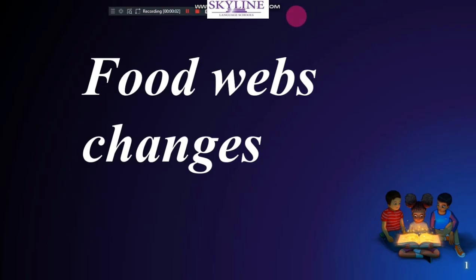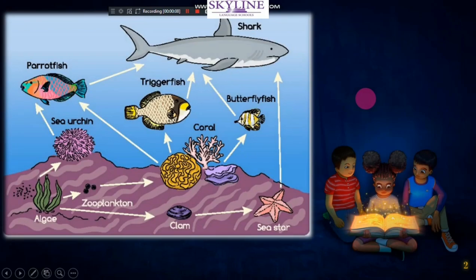Okay, now we will talk about food web changes. Look, we have the marine environment underwater. We have producers, consumers, and decomposers underwater like above. Look, we have shark, tigerfish, different types of fish, coral, algae, zooplankton, clam, sea star, sea urchin.